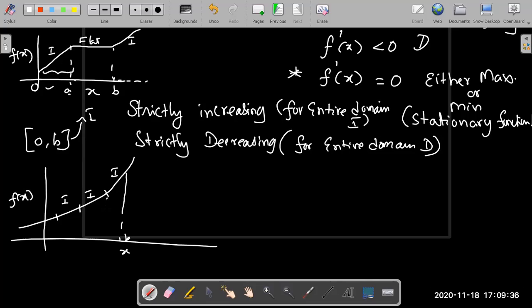If I take 1 to b, is it strictly increasing? Yes, strictly increasing, because there is no flat part. For all points, it's an increasing function, greater than 0.